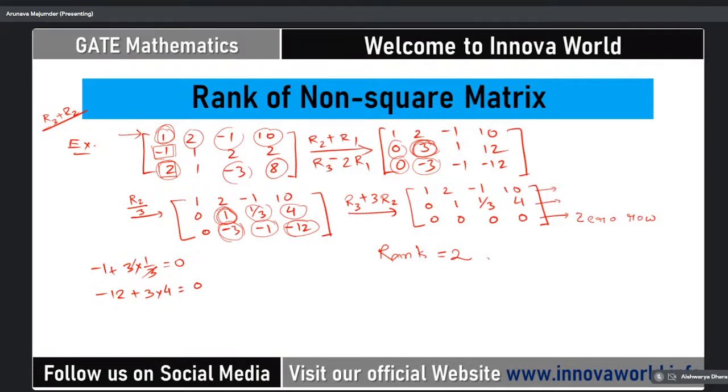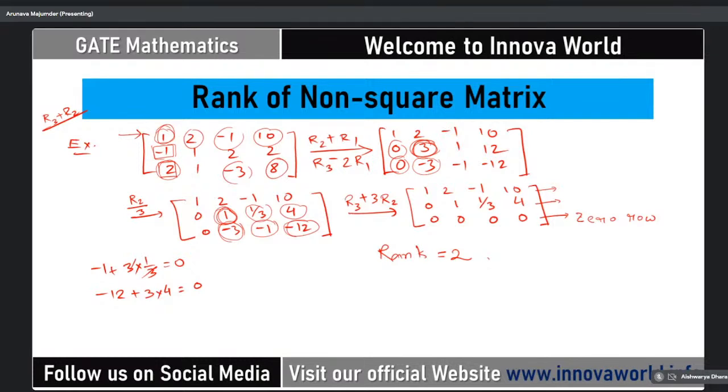Okay, so both square matrix and non-square matrix, all matrices, now I think it is clear to you. So it is actually rank 2, not rank 3. Okay, so rank is 2 here.